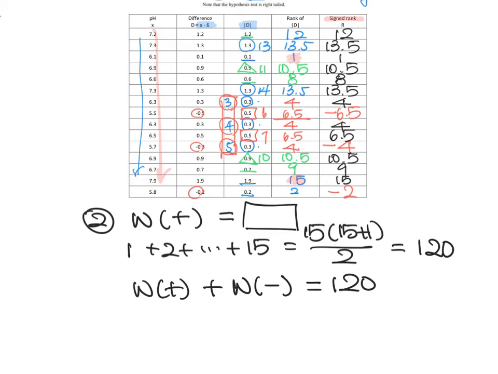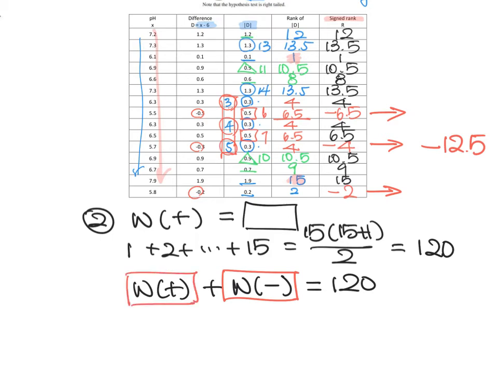The sum of the negative ranks is 12.5. So the test statistic, the positive ranks plus 12.5, must be 120.